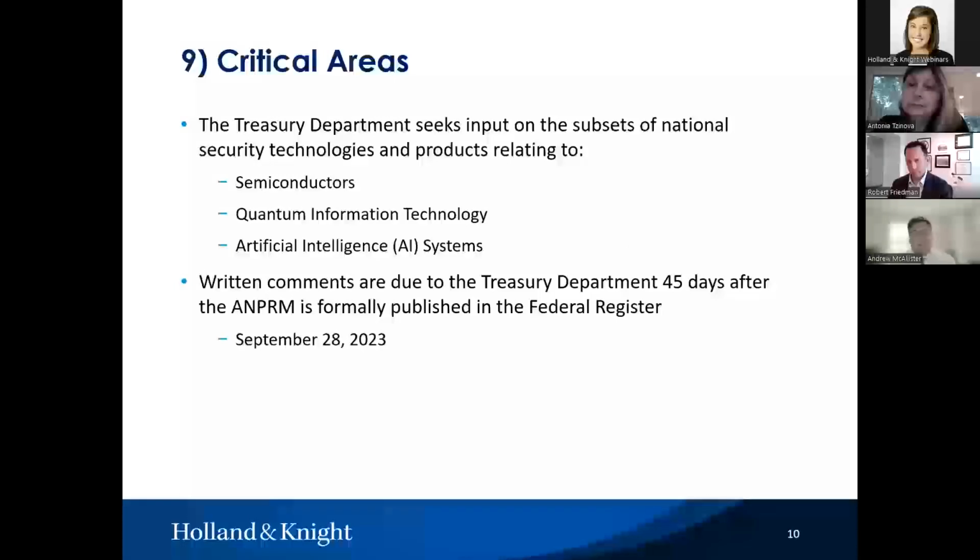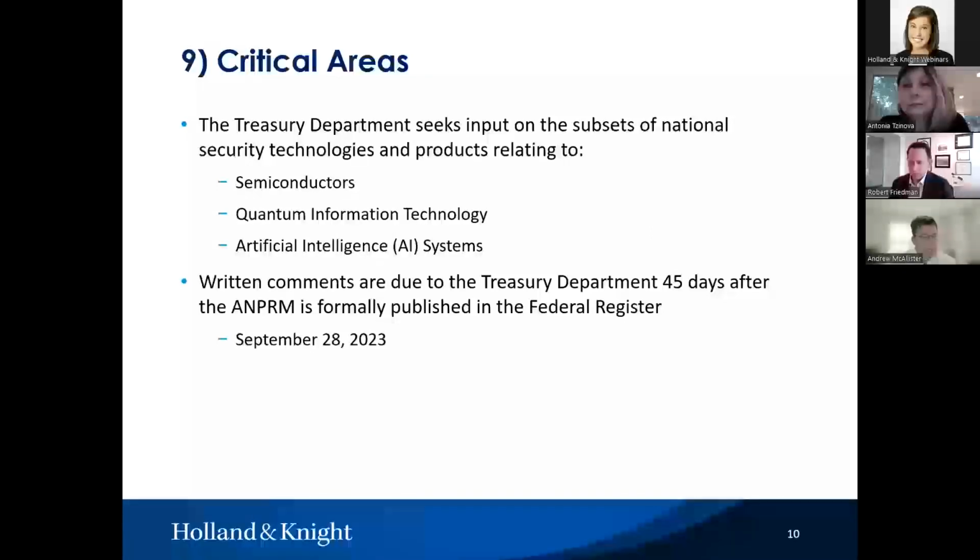Another area, which we hit on earlier, is the nature of excepted transactions that are taken out of the covered transaction definition. I think that's an area where companies can have a big impact by illustrating to the government real life situations, and certain policy rationales for why X should not be considered a covered transaction.